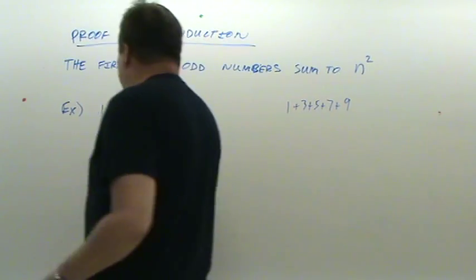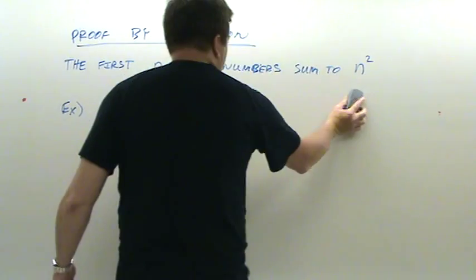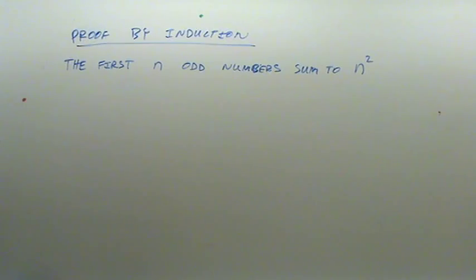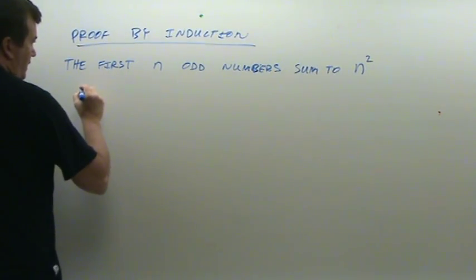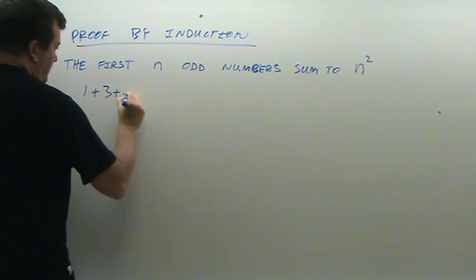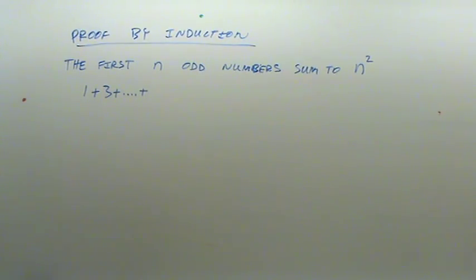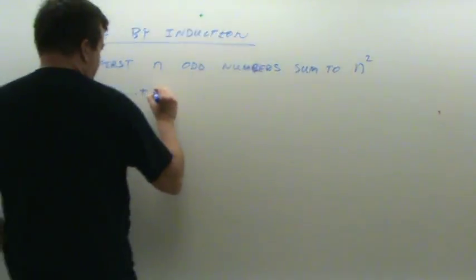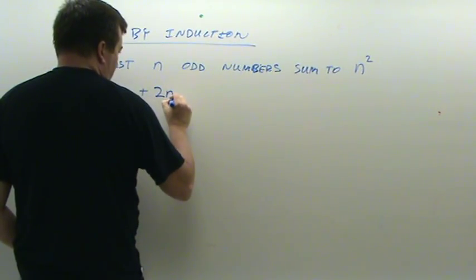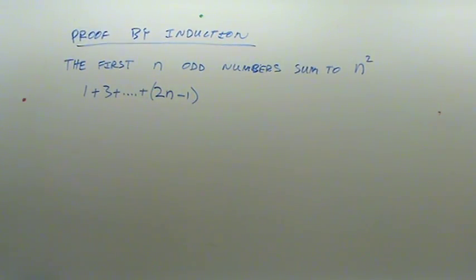But suppose you didn't see that pattern, but you wanted to prove that it's always true. Well, you could make the observation, if somebody said the statement, it would be 1 plus 3 plus, and we'd eventually go on until the last number is 2n minus 1. So if it was 1, 3, and 5, that would be 3 numbers.